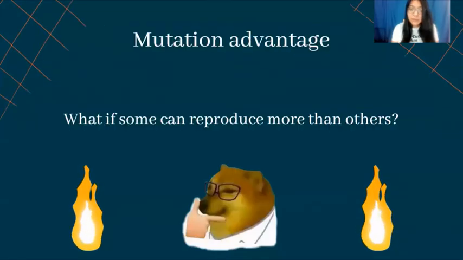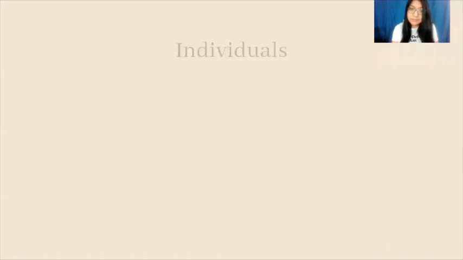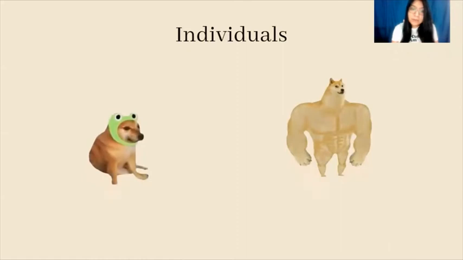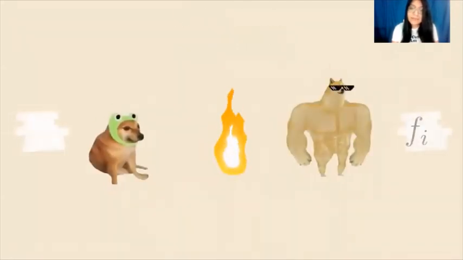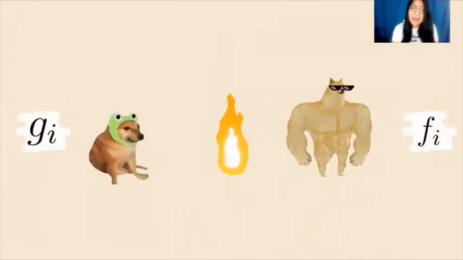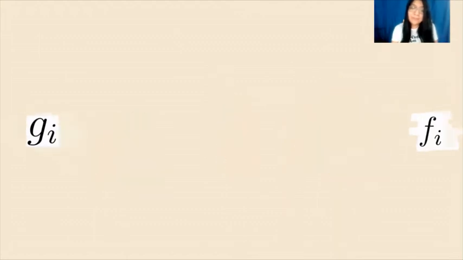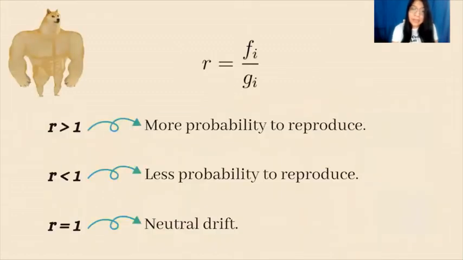Okay, but what if some can reproduce more than others? Suppose that our individuals are now different because they have a different reproduction rate. Let's say the mutant is stronger. R indicates how big the reproduction rate of the mutants is relative to the reproduction rate of the residents.